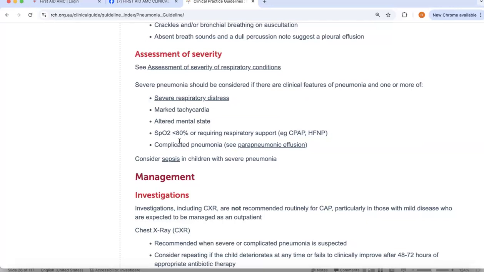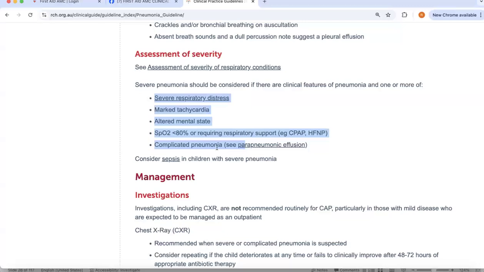There are criteria. One or more of these symptoms, if it is there, then we can call it complicated or severe pneumonia. So severe pneumonia: first of all, severe respiratory distress, marked tachycardia, so if the heart rate goes above 120, altered mental status, so patient is confused, oxygen saturation less than 80%, or complicated pneumonia.